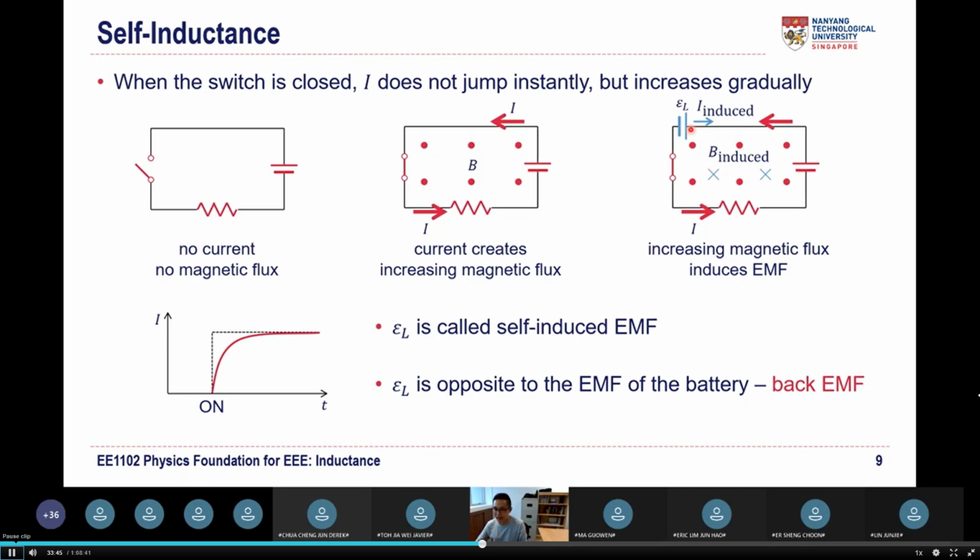It needs to oppose that, and this is called self-induced EMF. Because it always opposes the direction of the current flow, it is also called back EMF. So self-induced EMF and back EMF are the same thing.